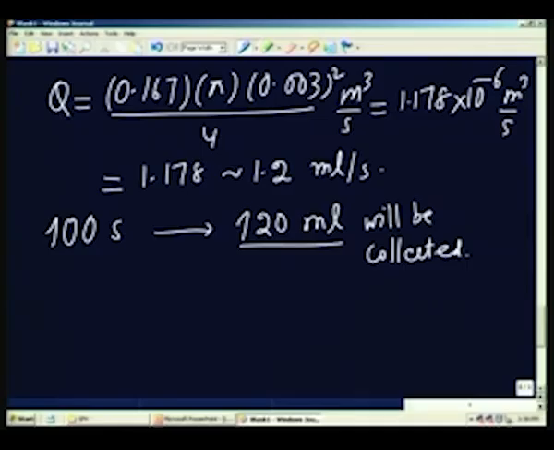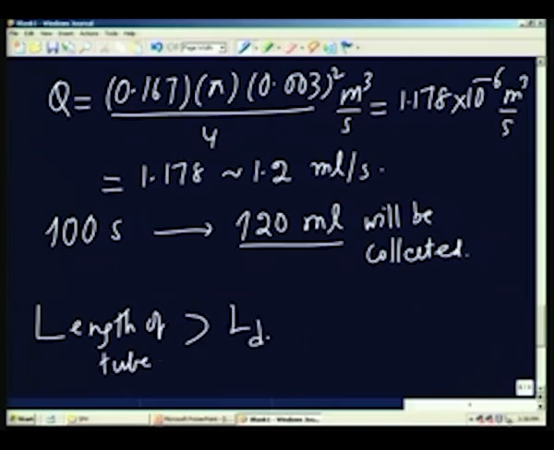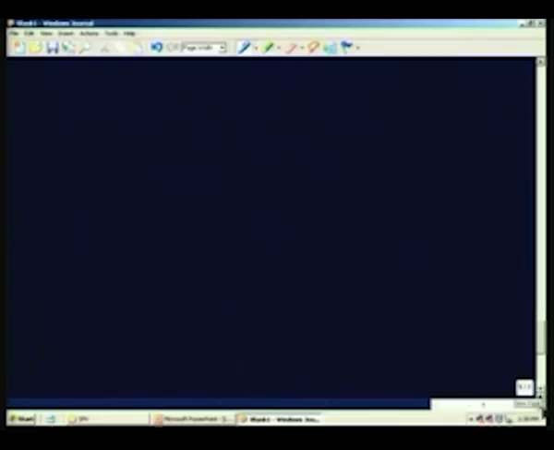Next, let us see what is the length of the tube I would like to have. So the length of the tube, as you saw, should be greater than L development plus L, the length over which I am going to measure the pressure drop. The development length, L development, can be determined by using the development length formula I gave earlier.